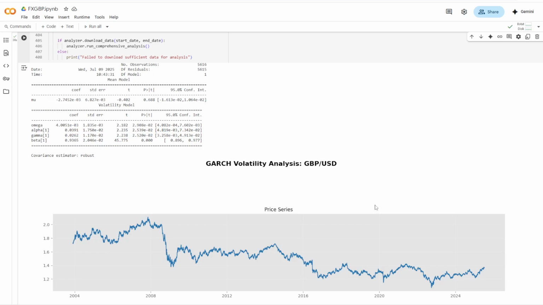So when we have higher conditional volatility, they are amplified by 0.0262, which is 2.6%, more or less, in percentage terms.